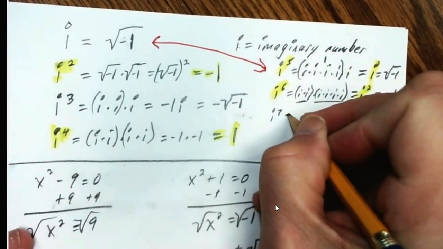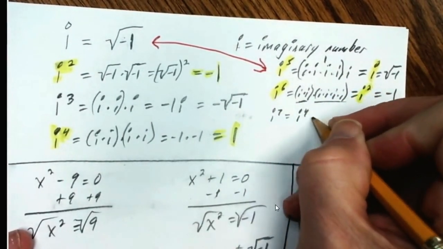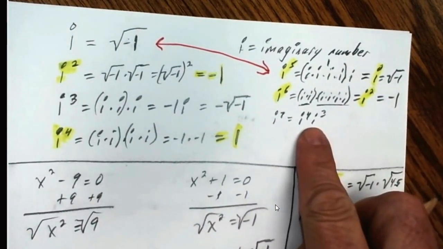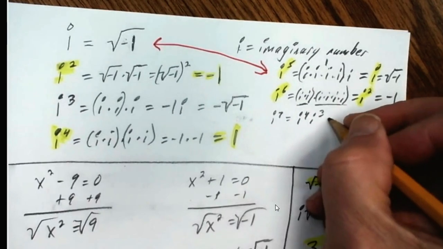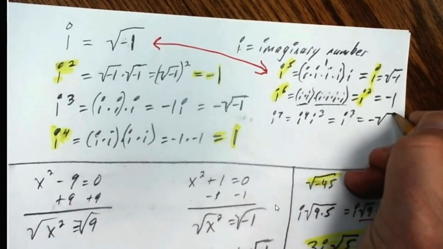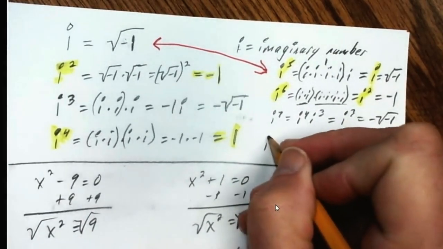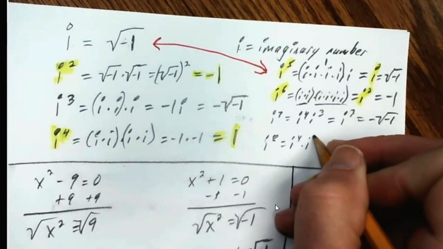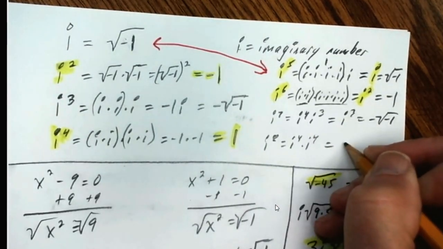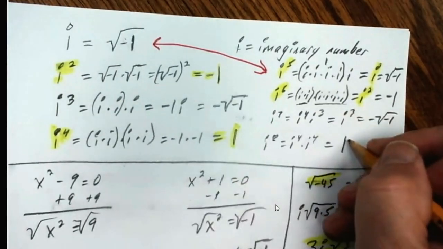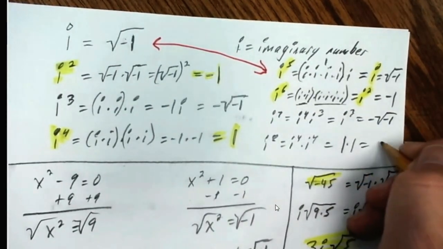i to the 7th equals i to the 4th times i to the 3rd. i to the 4th is 1, so it just equals i to the 3rd, negative square root of negative 1. i to the 8th is i to the 4th times i to the 4th, so that's 1 times 1, which is just 1.